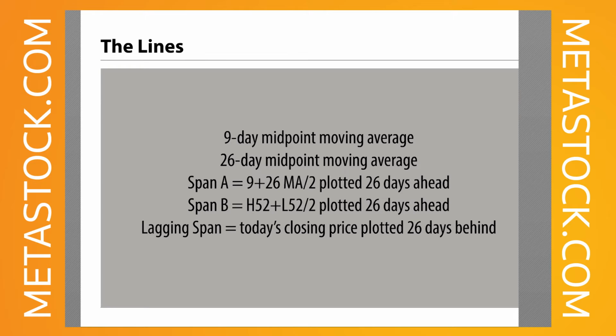Same thing goes for the 26-day moving average: the highest price of the last 26 days, to that you add the lowest price of the last 26 days and divide by 2. Those are plotted as at today's price, as with conventional Western moving averages.